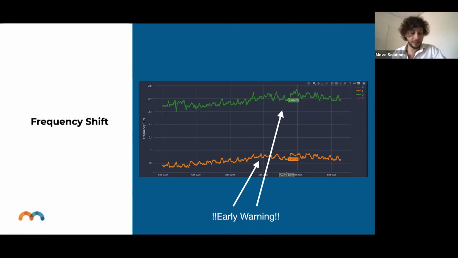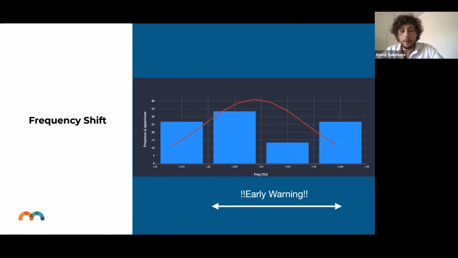The early warning system is really, really interesting. This is another early warning system. You can see that the frequency is really spread over a period of time. This spreading is not something that you would like to see in monitoring. You would want to see that it's really narrow.